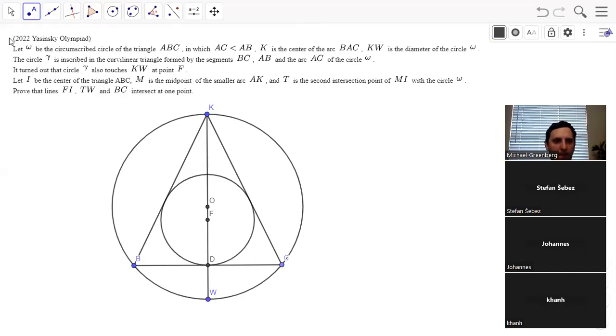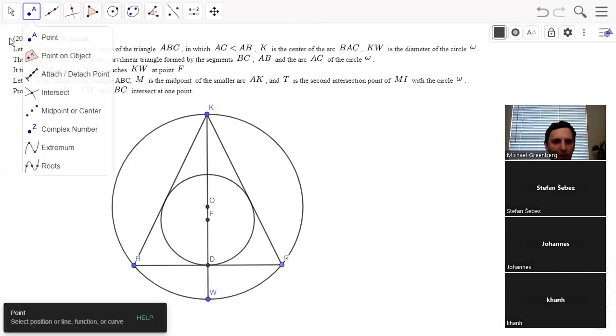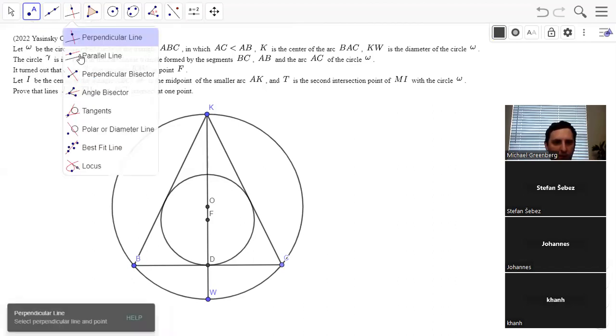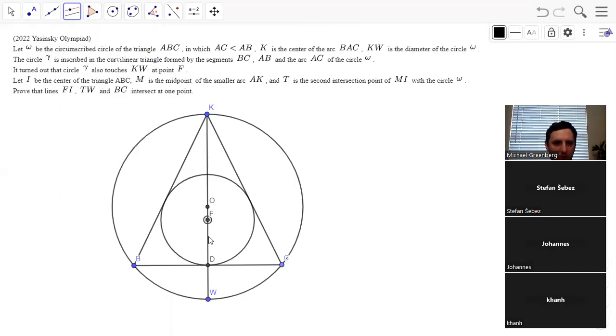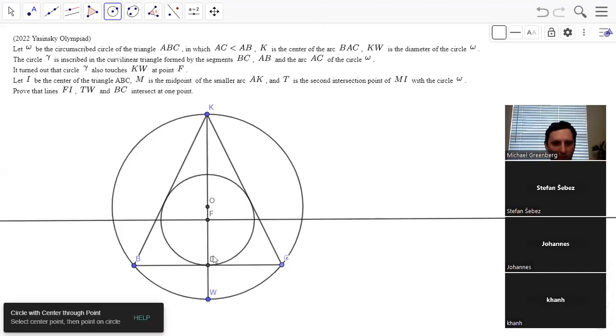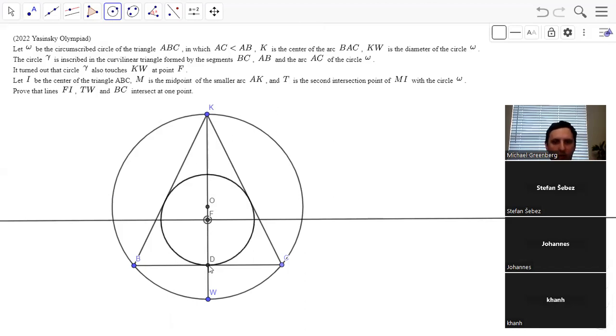So let me do that. Whoops, I want to draw this and then this. Oh, wait a sec. So is this actually the center? Let me try something. Yeah, this is actually tangent.